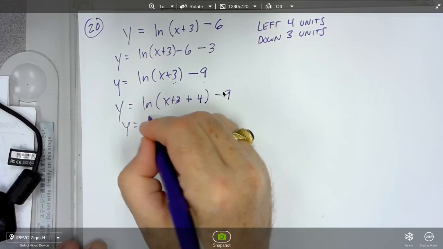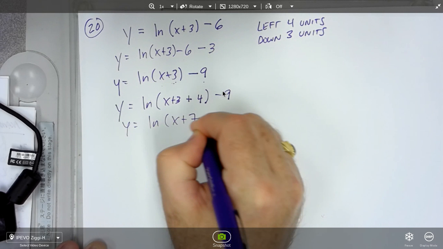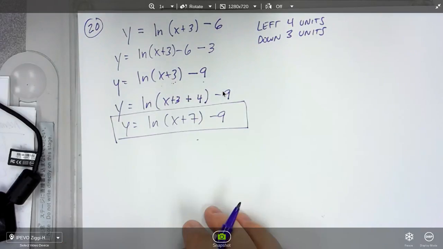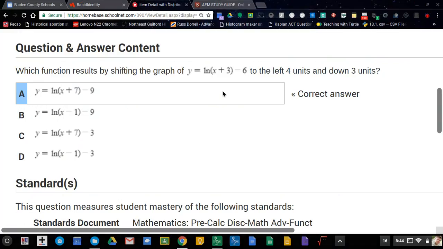So we should get natural log of x plus 7 minus 9, okay, if we're thinking about it correctly, okay? And then I go over here, and I have y equals natural log of x plus 7 and then minus 9. Now, guys, how can I double check this?